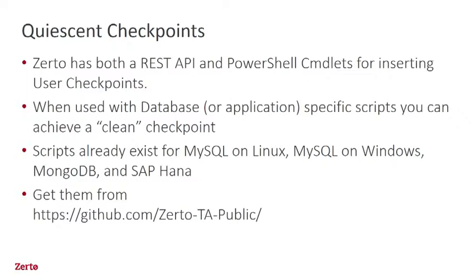Zerto does have a VSS version of the software. It's a separate SKU. You have to make sure you ask for it if you want VSS. This is kind of an alternative for different databases. You don't need VSS, obviously, for Linux, but you can use a script to essentially get a database consistent checkpoint.